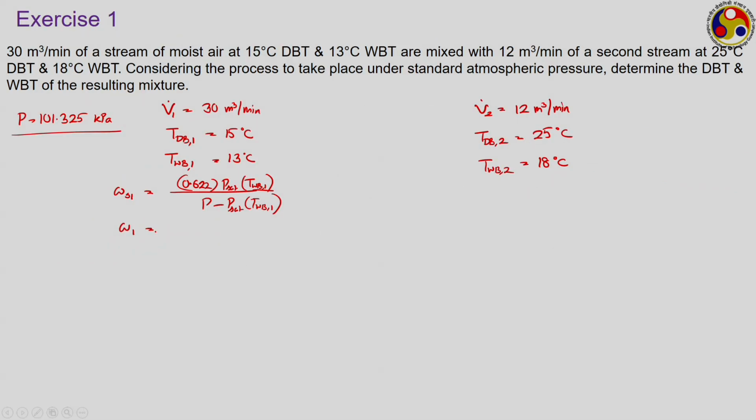So, using the information about omega 1 and the enthalpy values corresponding to the dry bulb and wet bulb temperature, you have the value of omega 1, which in this case will be coming as 0.0084 kg per kg of dry air, and accordingly enthalpy h1 is 1.005 into T dry bulb 1 plus (2500.9 plus 1.82 T dry bulb 1), this entire thing multiplied by omega 1, putting the value of the dry bulb temperature, which is 15 in this case.